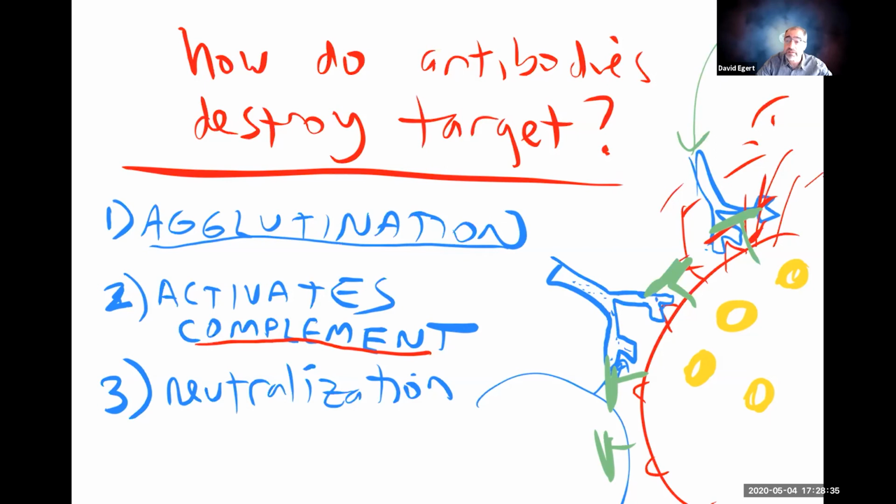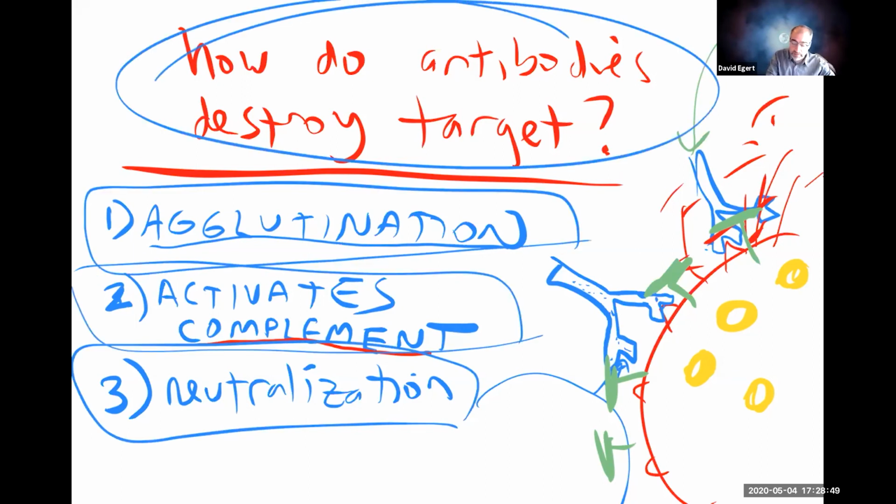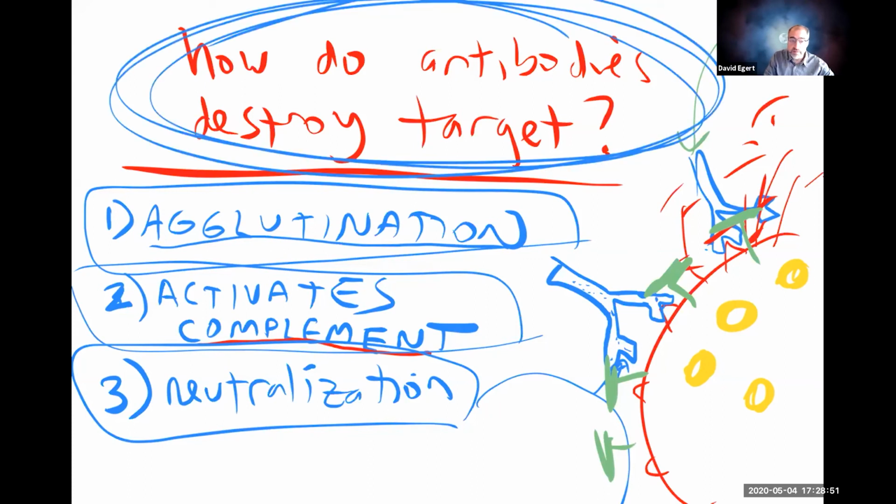So that neutralization is blocking important binding sites on the target so it can't do its job. So these are ways antibodies destroy targets.